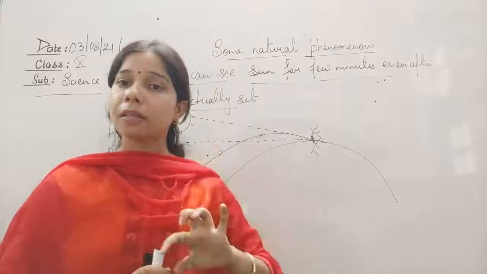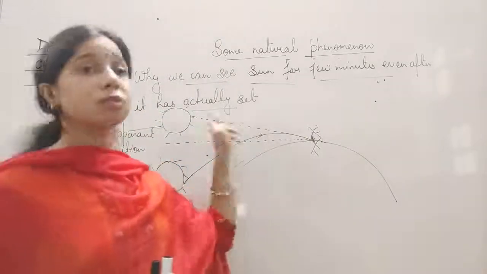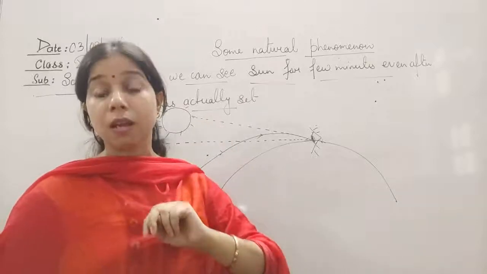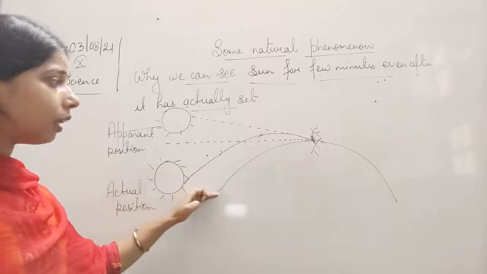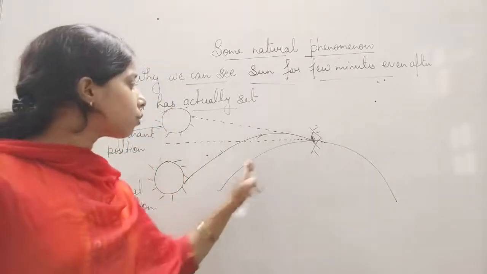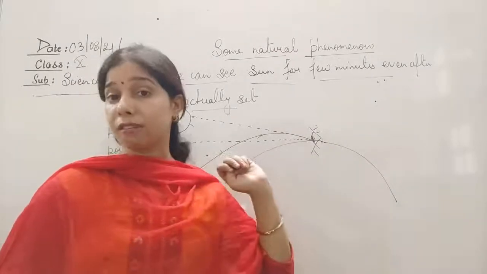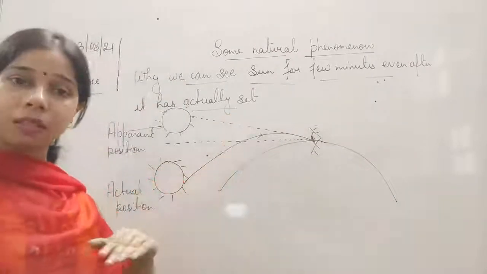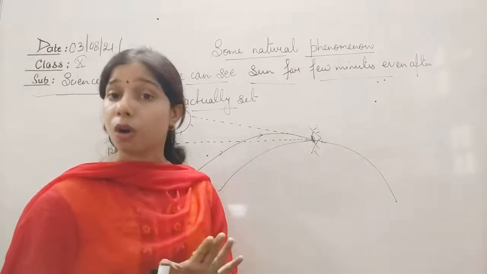Now what happened in the sunset also? Even after the sunset, we are able to see the sun for 2 more minutes. The reason is again the same thing, that when it is still near to the horizon, although it is below the horizon, the light rays enter into the Earth atmosphere, undergo refraction, move towards the normal and then enter into the observer's eye who is there on the horizon.